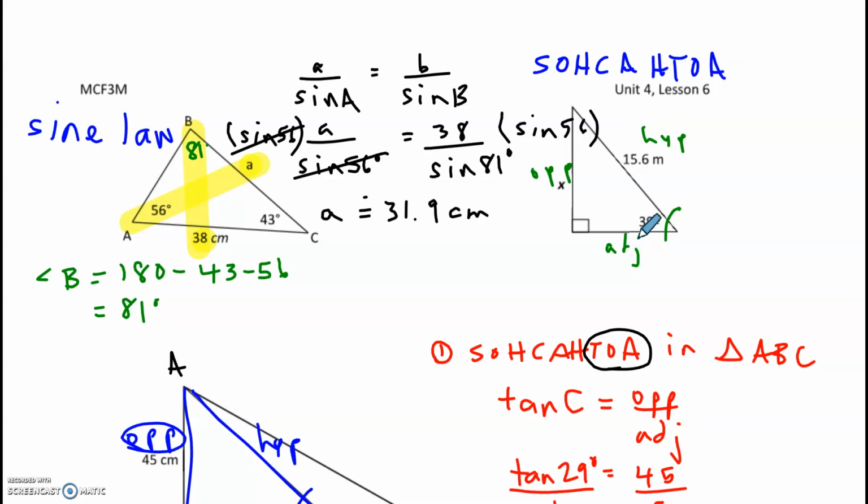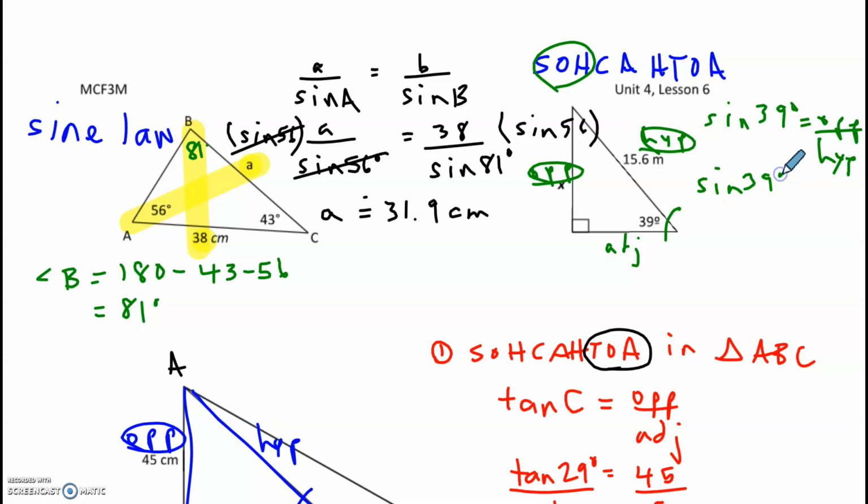So I'm going to be finding x, that's my opposite, and I'm given the hypotenuse. So OH means I'm going to use the sine trig ratio. So that'll be sine of 39 degrees equals opposite over hypotenuse. So sine 39 degrees equals x over 15.6.